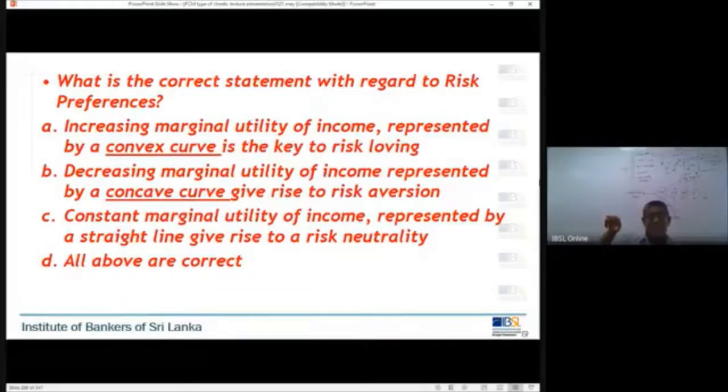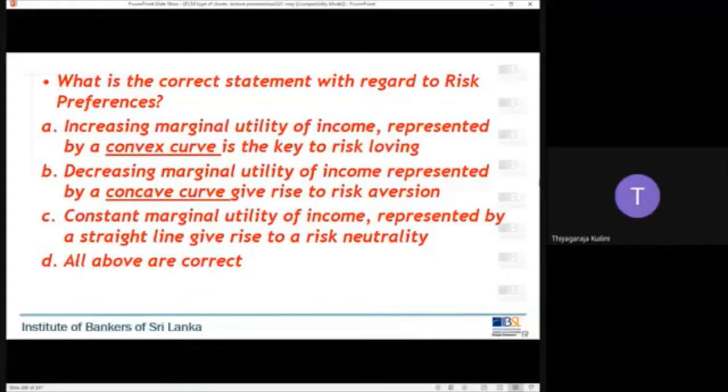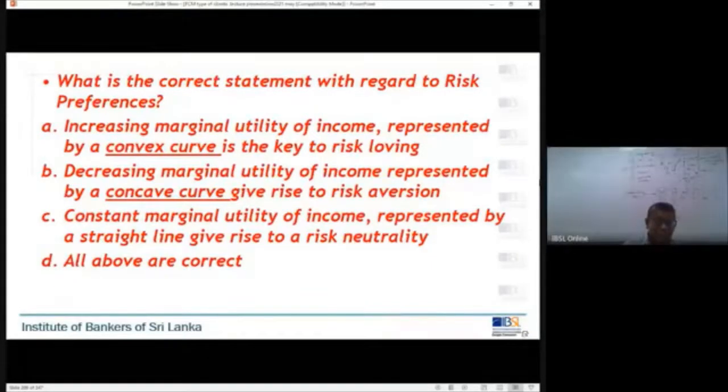Which is the risk aversion curve, concave or convex? If all are correct, what will be the correct answer?